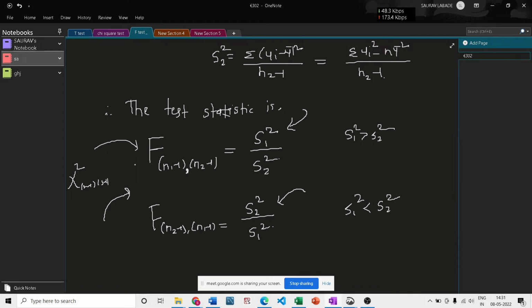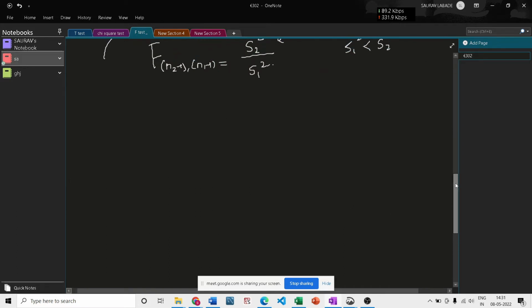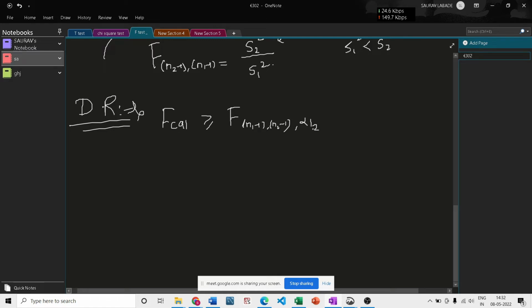Now, after finding the test statistic, you know what the next step is. We have to take the decision. So what is the decision rule now? I think it is the same as we did before. If your calculated value is greater than or equal to the F table value F(n1 minus 1, n2 minus 1, alpha by 2), in the case of the two-sided hypothesis, then you will reject H naught.